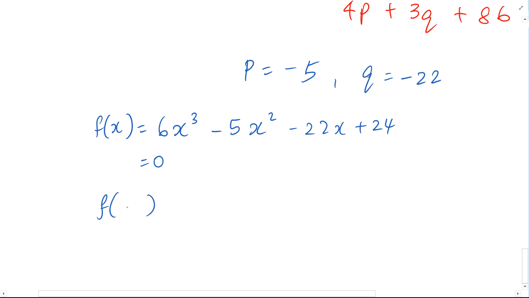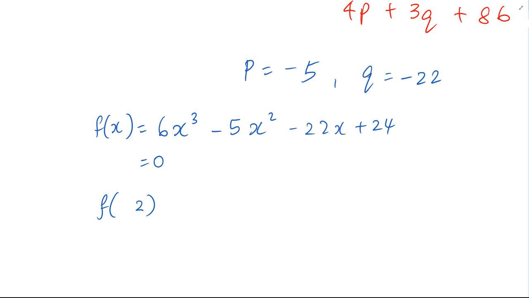Negative 2, x equals negative 2. Okay, let's try.